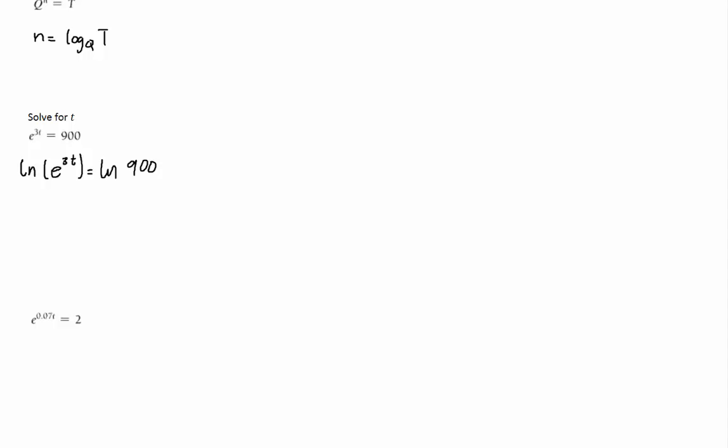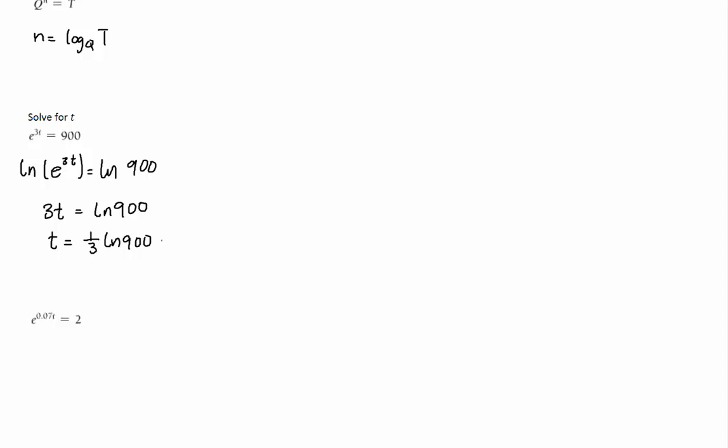Now, natural logarithm and exponentiation are inverse to each other, so I just get the exponent in this case. So I get that 3t is equal to the natural log of 900. To solve for t, I can divide by 3, and I obtain that t is 1/3 of the natural log of 900.